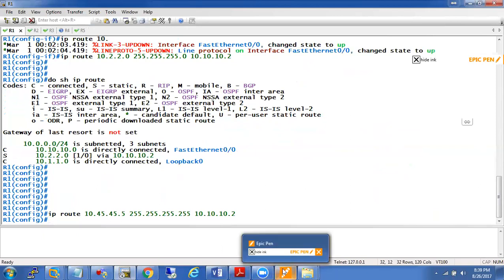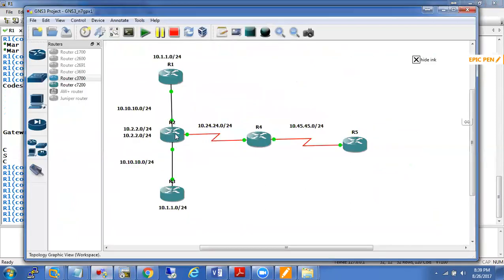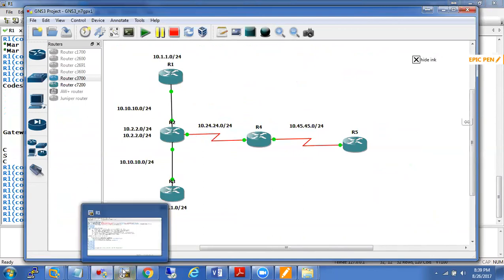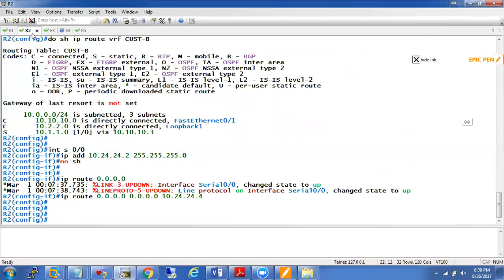Next hop is exiting and reaching this interface, right? Agree? How do I do that route? Where do I do it? On R2. The route itself needs to be put inside your VRF.